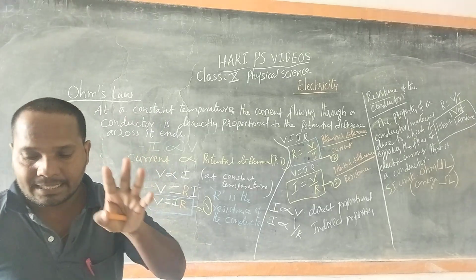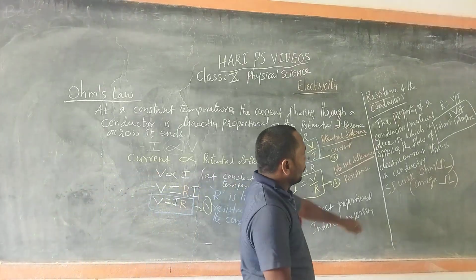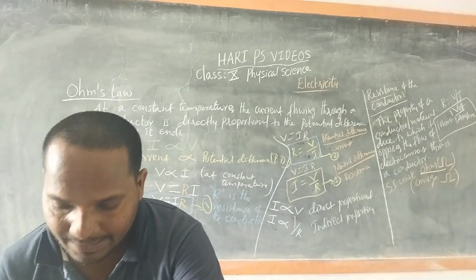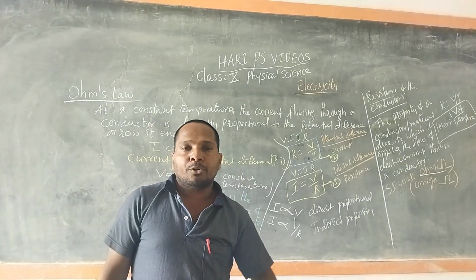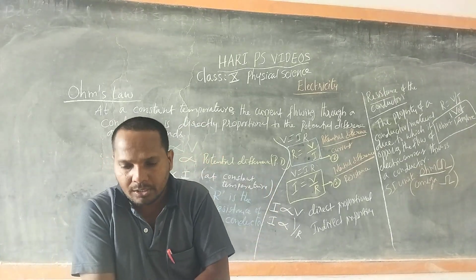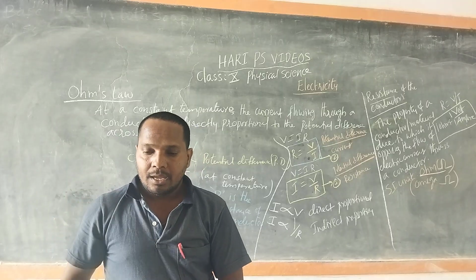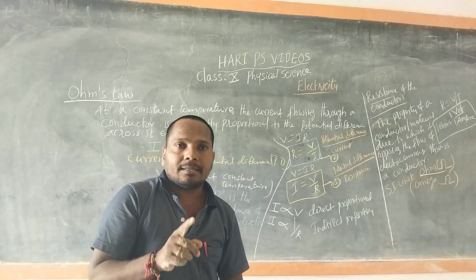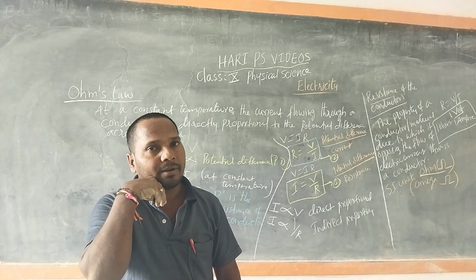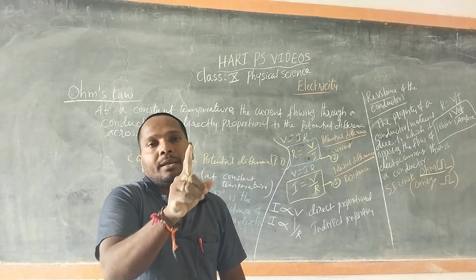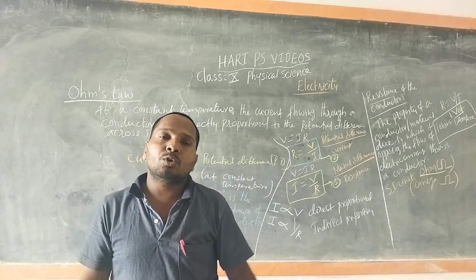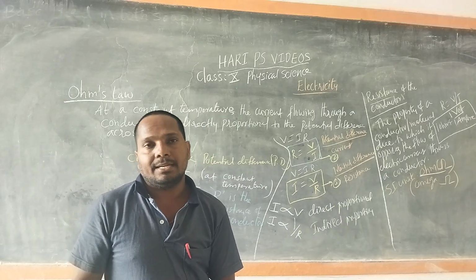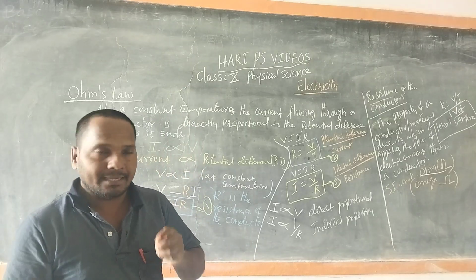So 1 ohm is the resistance of a conductor such that when a potential difference of 1 volt is applied to its ends, a current of 1 ampere flows through it. Means if the conductor has 1 volt of potential difference and 1 ampere of current flows, then it is equal to 1 ohm of resistance.